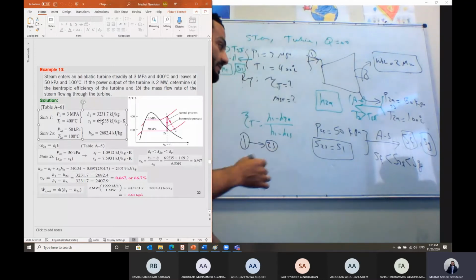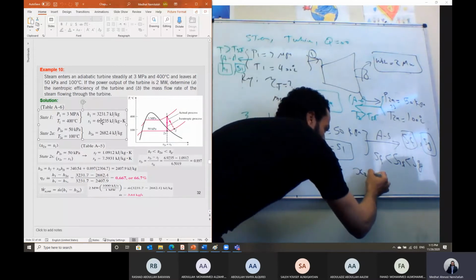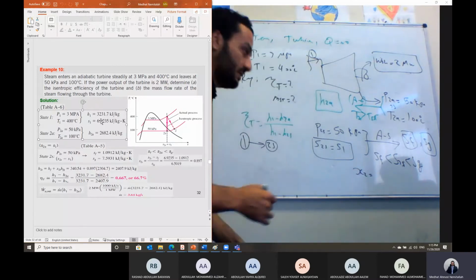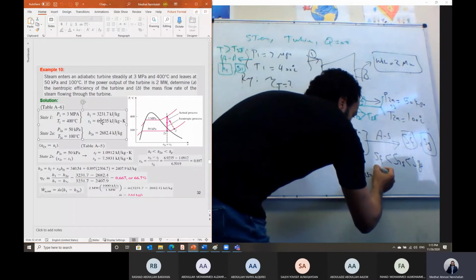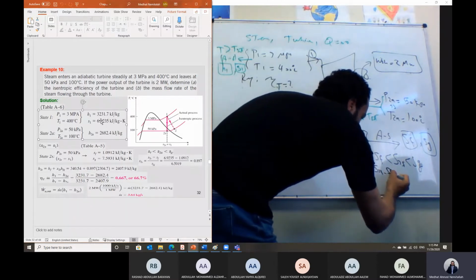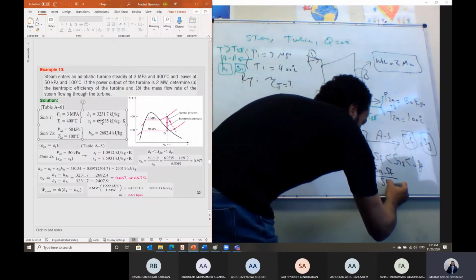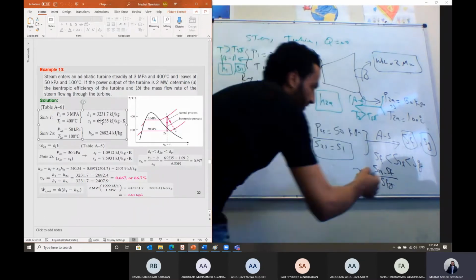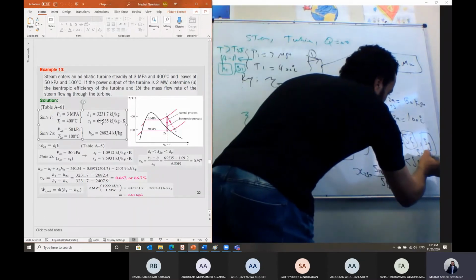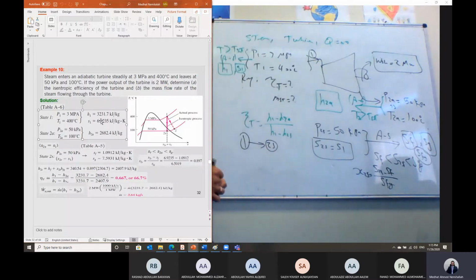In this case, since it is a saturated mixture, I have to calculate the quality X2s, which equals (S2s minus S fluid) divided by SFG. You can get the value of SFG directly from the table, or you can take the difference, S gas minus S fluid. But I need to calculate H2s, not the entropy.